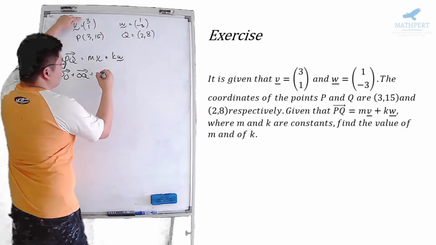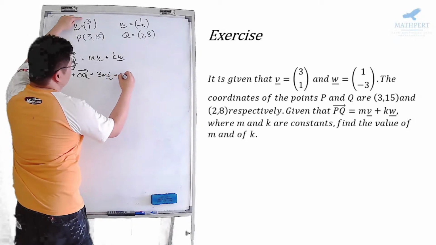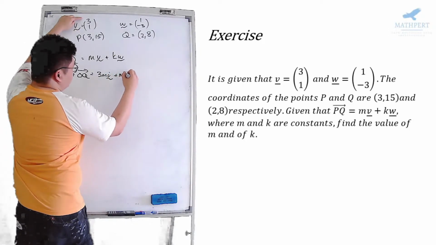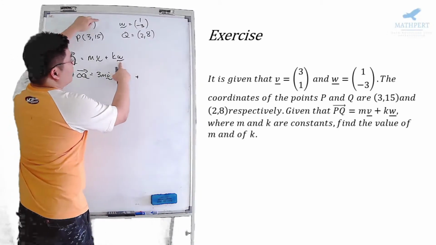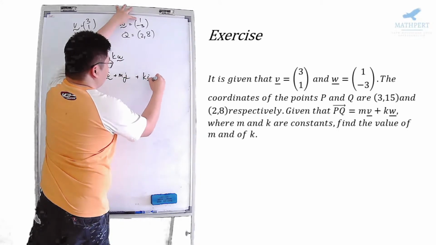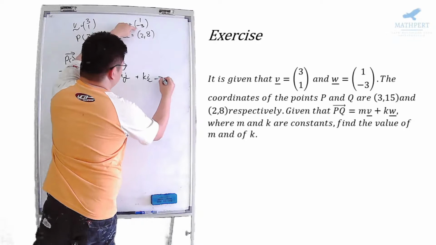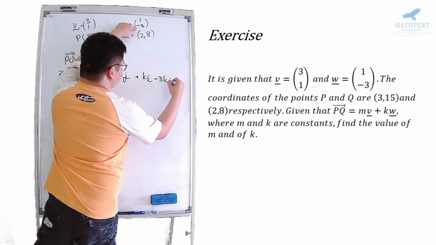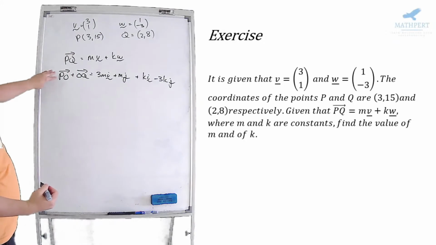MV is 3Mi plus Mj. KW: K multiply by negative 3, I get negative 3Kj.